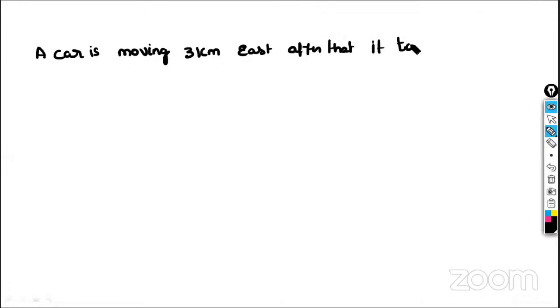A car is moving 3 kilometers east. After that, it took a left turn. After moving 4 kilometers, the car will be stopped.